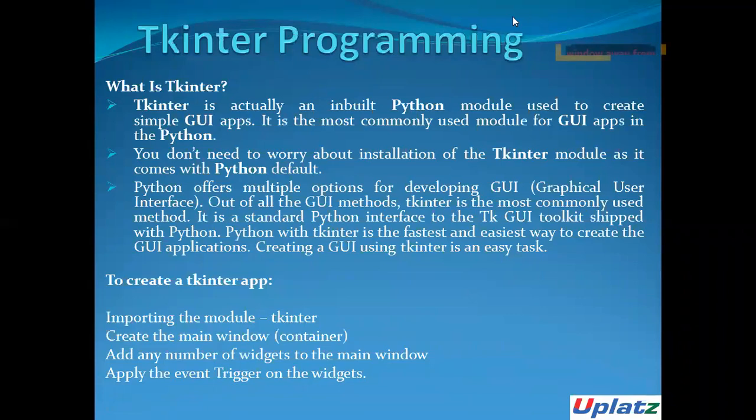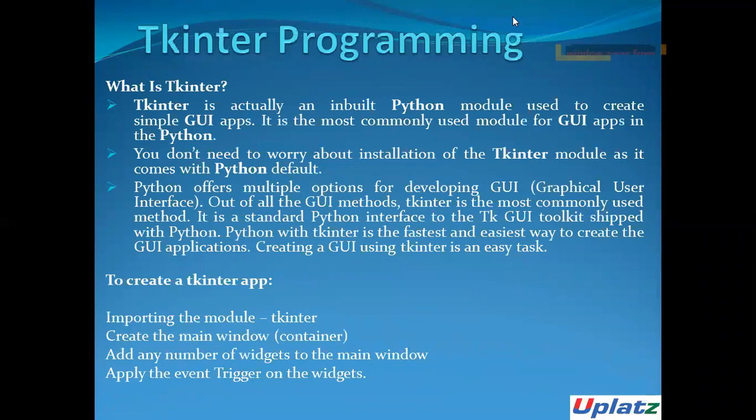So as I told you, tkinter is actually an inbuilt Python module used to create simple GUI applications. It is the most commonly used module for GUI applications in Python. And you don't have to install or download the tkinter module. It is already available and comes with Python by default.